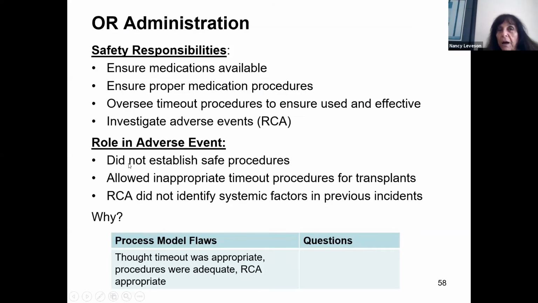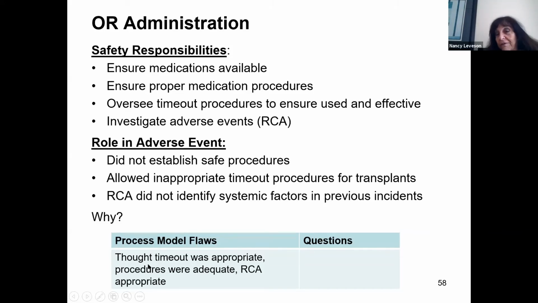The OR administration didn't establish safe procedures, allowed inappropriate timeout procedures for the transplants, and didn't identify the systemic factors in previous accidents, because they're responsible for investigating these adverse events. Why?